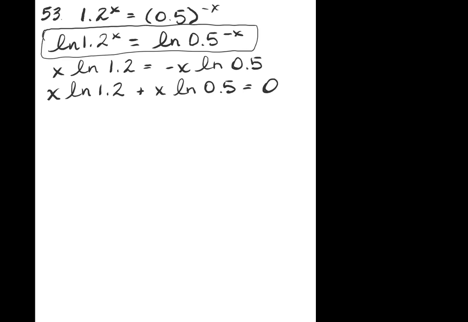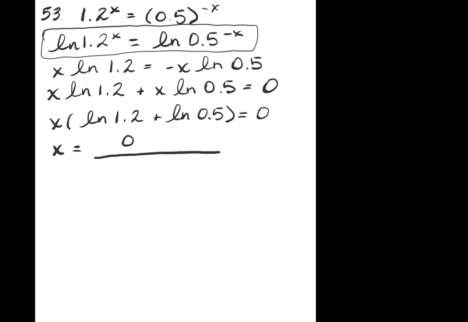I am going to factor the x out. x times ln 1.2 plus ln 0.5 equals 0. And you might see where this is going. 0 over natural log 1.2 plus natural log 0.5. And 0 divided by anything is 0.